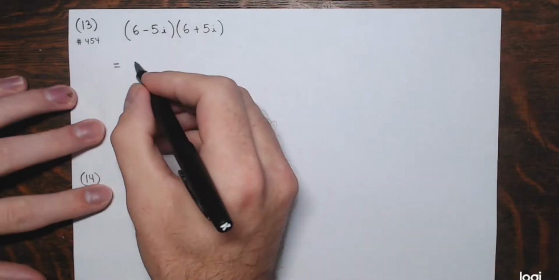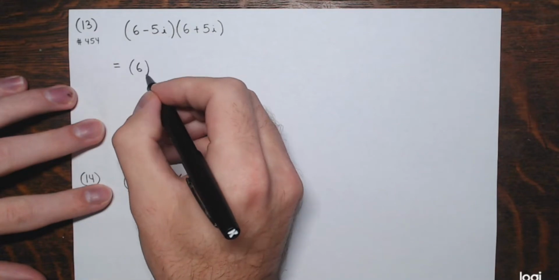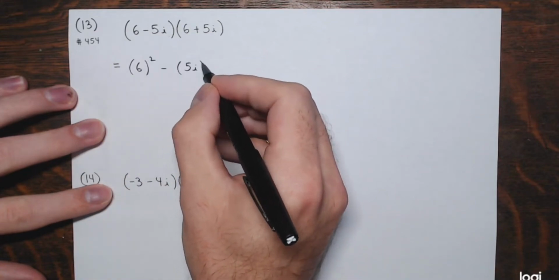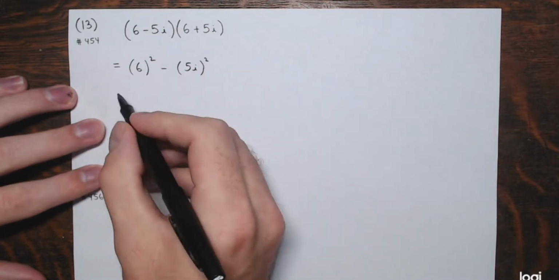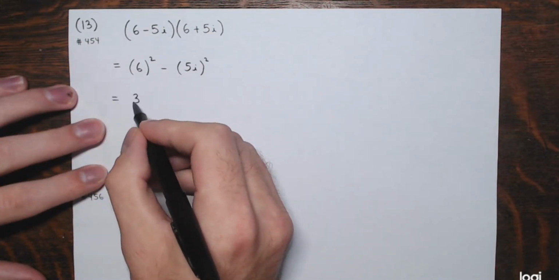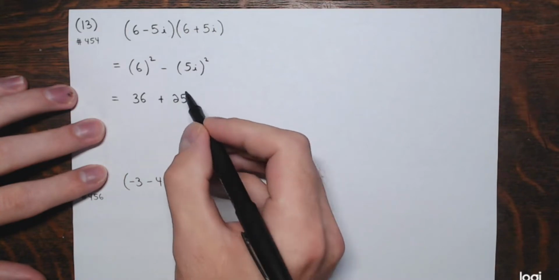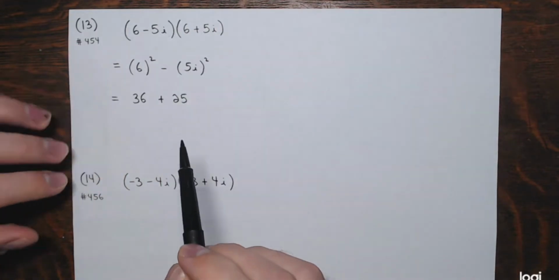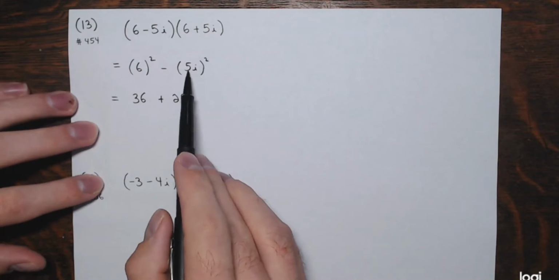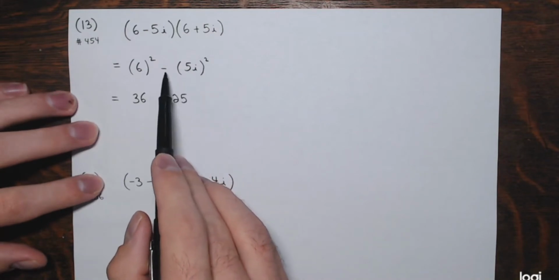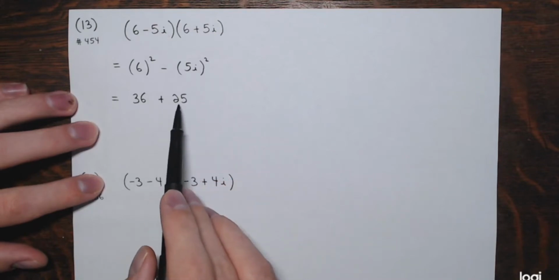So this is going to be 6 squared minus 5i squared, which ends up being 36 plus 25. I'm kind of skipping a step here, because this would be 25i squared, which would be negative 25, and then we're subtracting negative 25, making it positive 25.